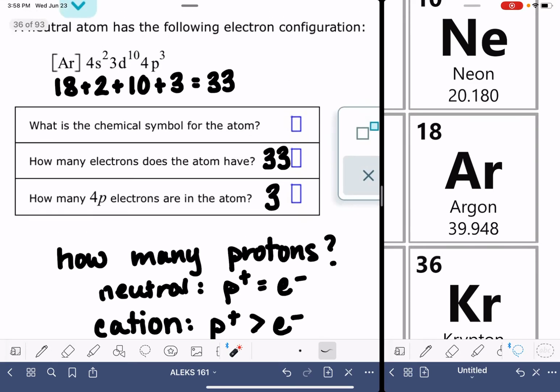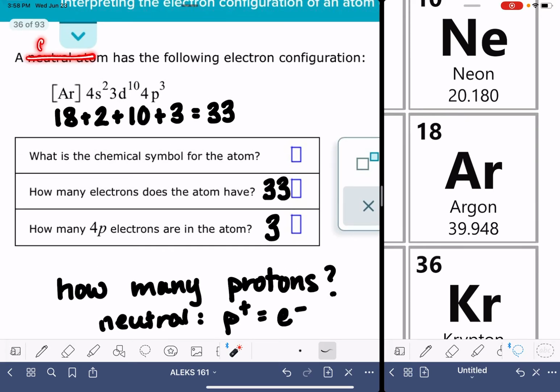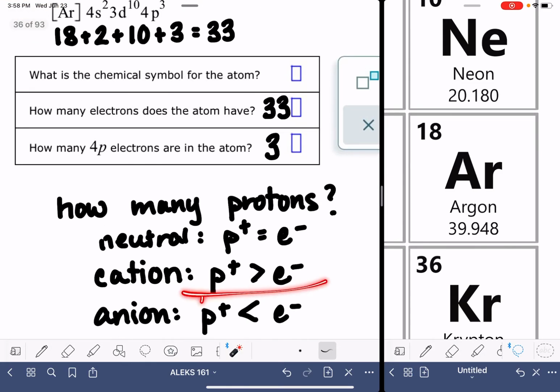So let's say this problem was for a cation, it will tell you in the problem what the charge is on that cation. It'll say like it has a charge of +1, and that charge is telling you that you have exactly 1 more proton than electron. So whatever number is associated with the charge, that's going to tell you how large the difference is between the protons and the electrons.